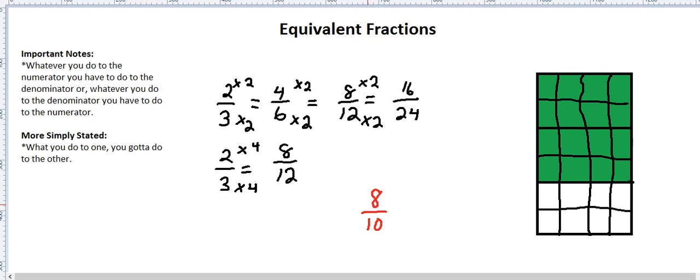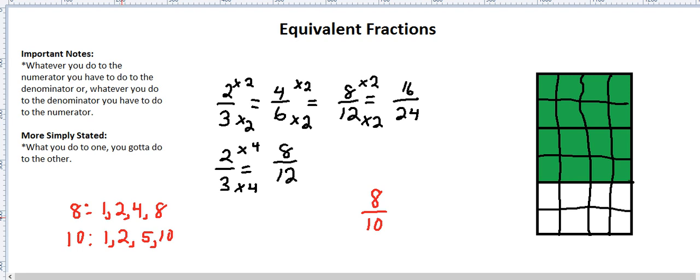So if I find all of the factors for 8, they would be 1, 2, 4, 8, and the factors for 10, 1, 2, 5, 10. If you're not sure how to find factors, I do have a video on finding factors.